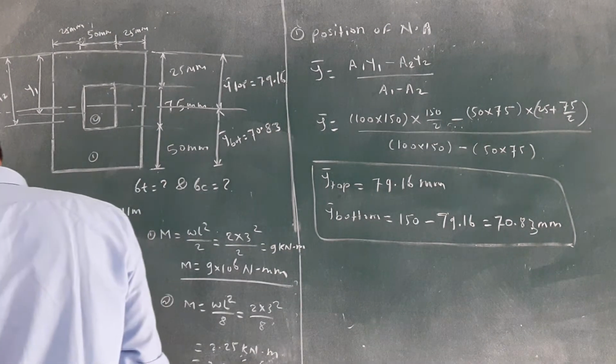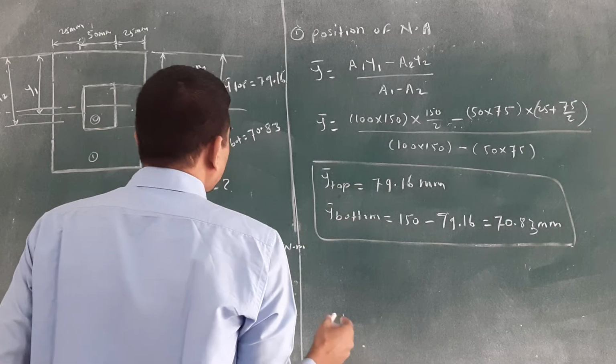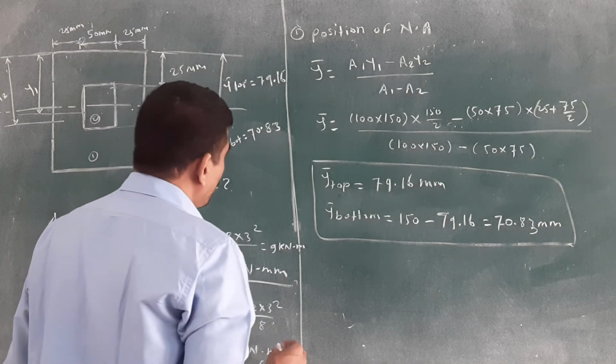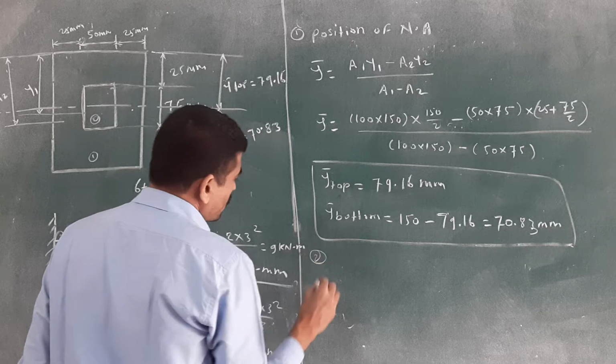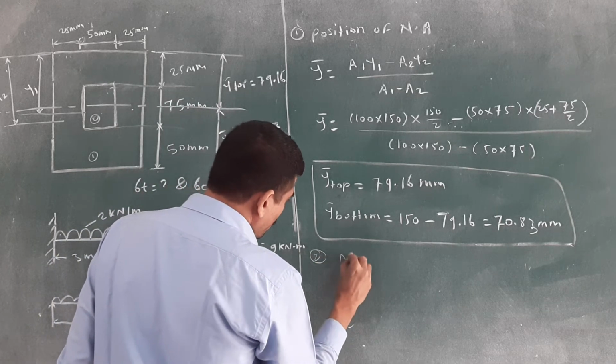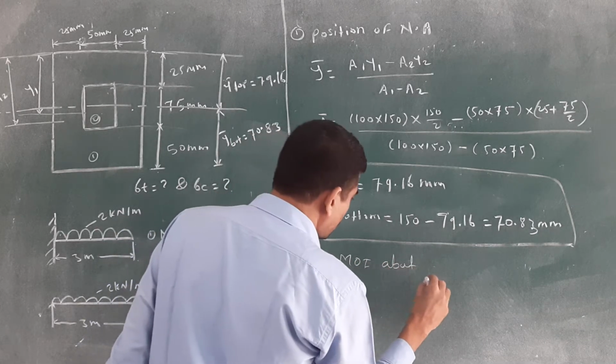Next, we want to calculate the moment of inertia about the neutral axis. We know the bending formula, right? Moment of inertia about the neutral axis.